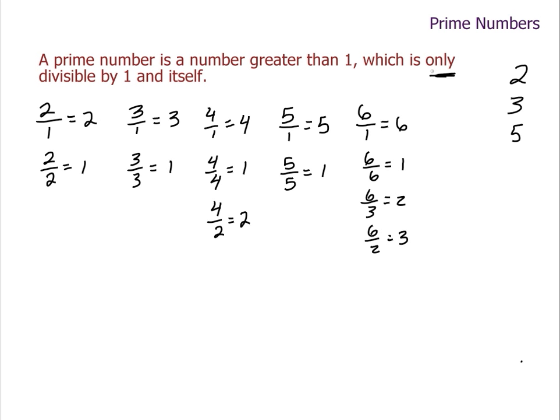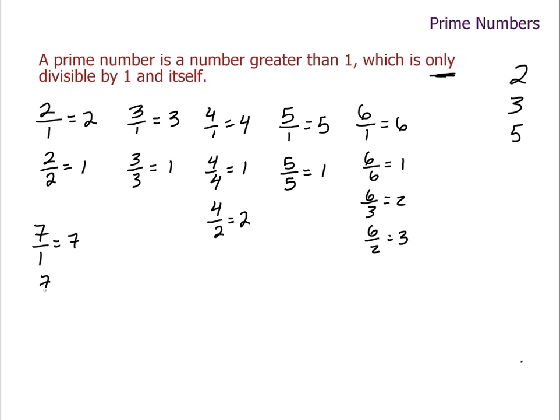So the definition says only divisible by 1 and itself. Only 1 and itself. But in this case, for 6, 3 is divisible into 6, and 2 is divisible into 6. 7 is a prime number.